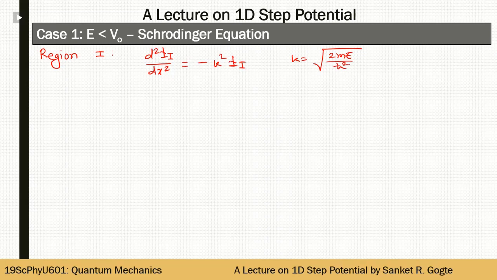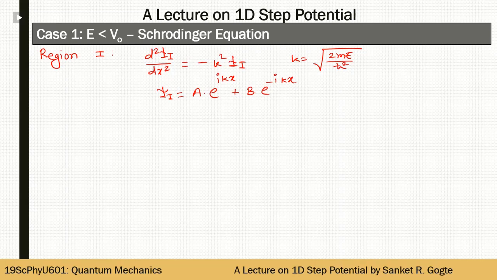Now here, because of this negative sign, psi 1 turns out to be a complex quantity, and its solution in general can be written like this. It is A into e to the power i kx plus B into e to the power minus i kx. Both these terms are traveling wave solutions, and therefore they represent a particle which is moving with certain momentum.